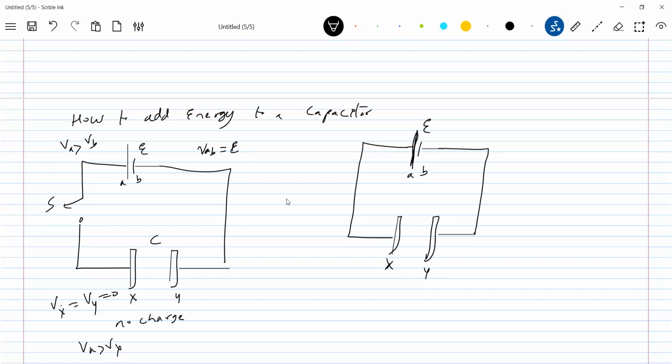So the positive charge will leave the positive terminal of the cell and will enter here. And with this what happens? A positive charge will get deposited here. This will induce a negative charge.